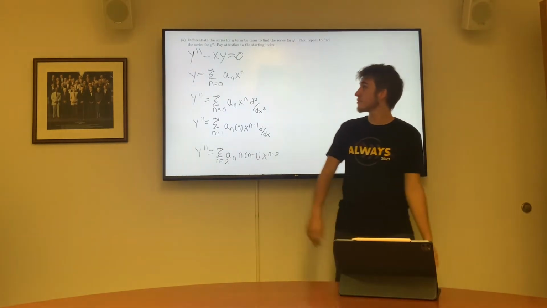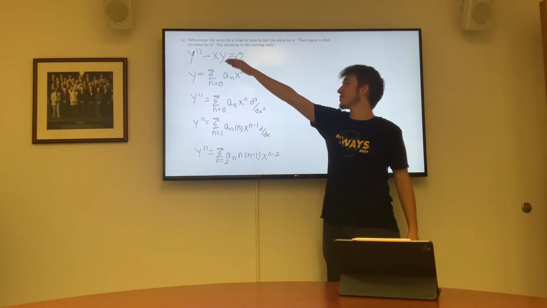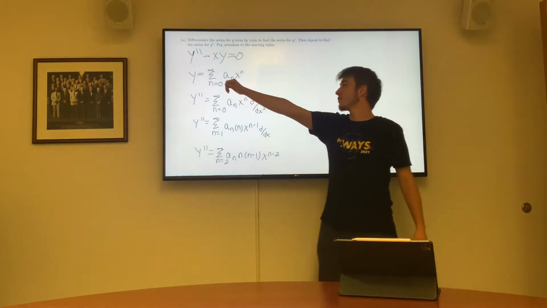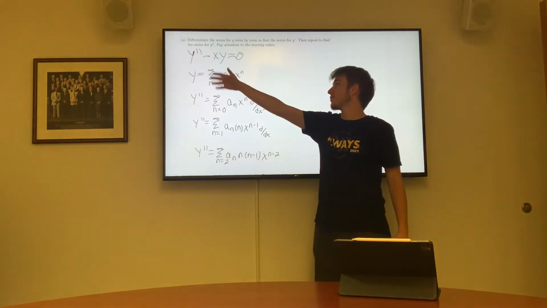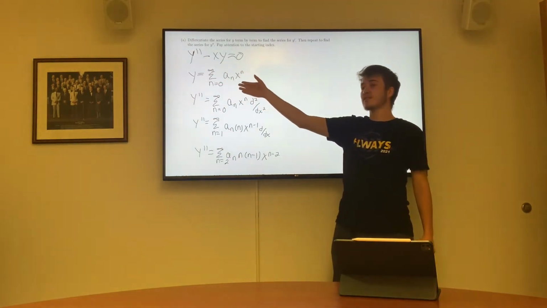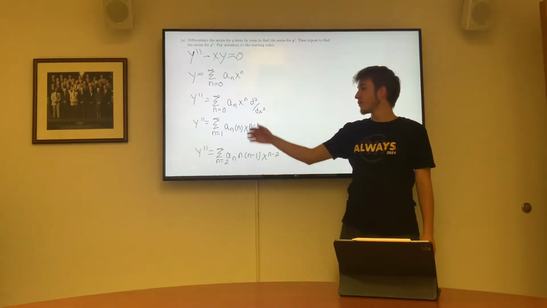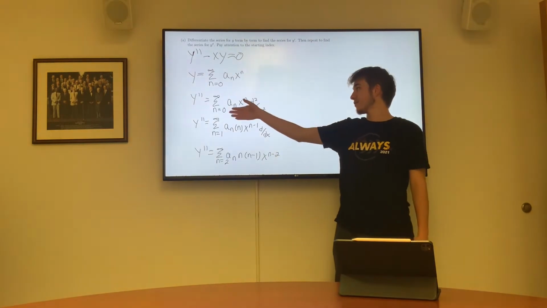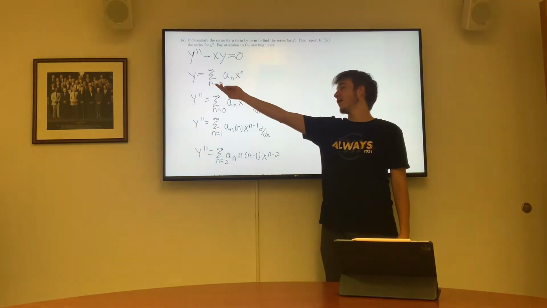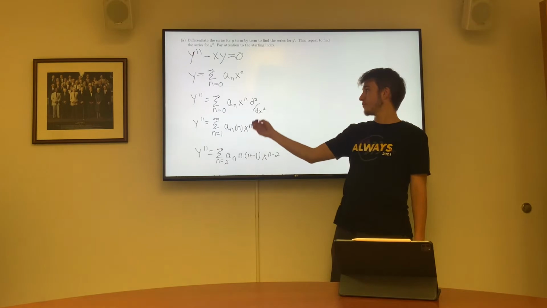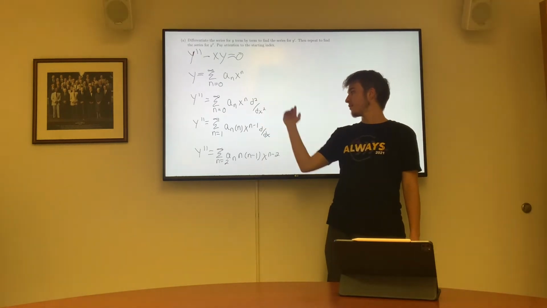So as Joe mentioned, we know that y double prime minus xy equals 0, and we know the series for y is a_n x to the nth. To find the series for y double prime, we have to take the second derivative of the series for y. Taking the first derivative, we take that n and move it out front.